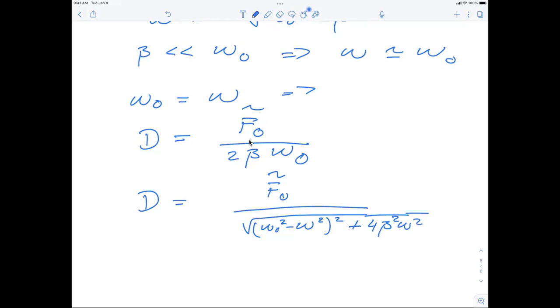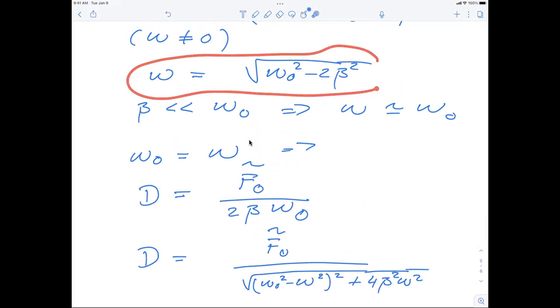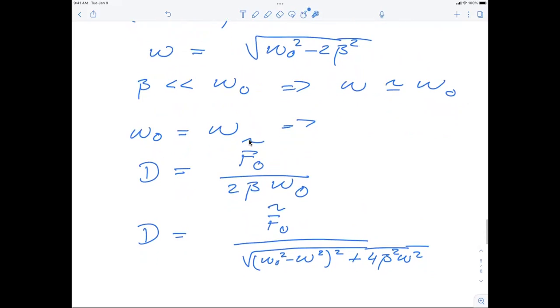So when we have that situation, we get an amplitude which is pretty close to the maximum value, assuming that beta is much, much smaller than omega 0, which is not uncommon in an experimental realization. If we make this assumption that omega 0 is almost equal to omega, then we have a pretty simple equation, which says that D is given by this term here.